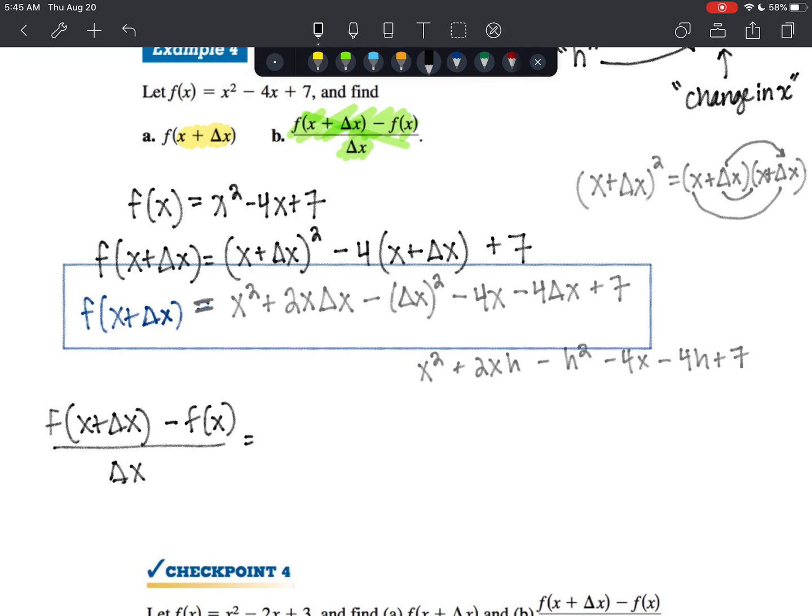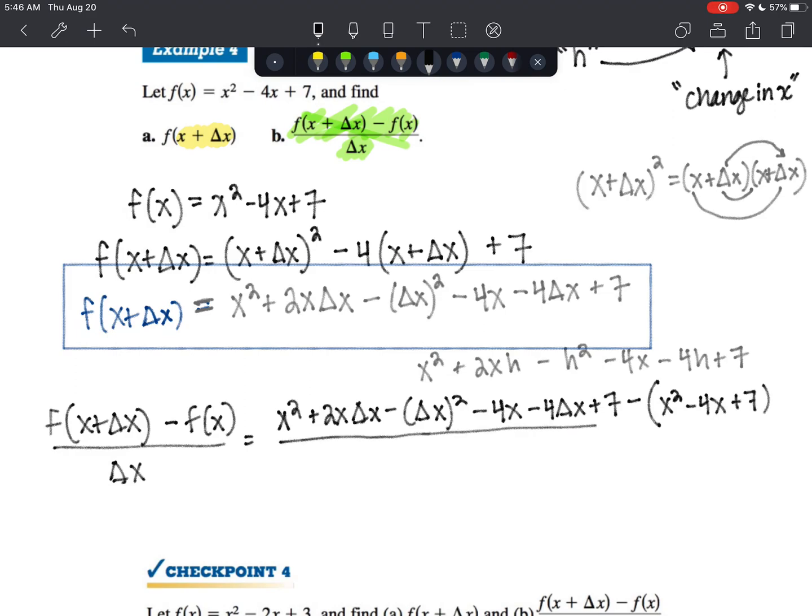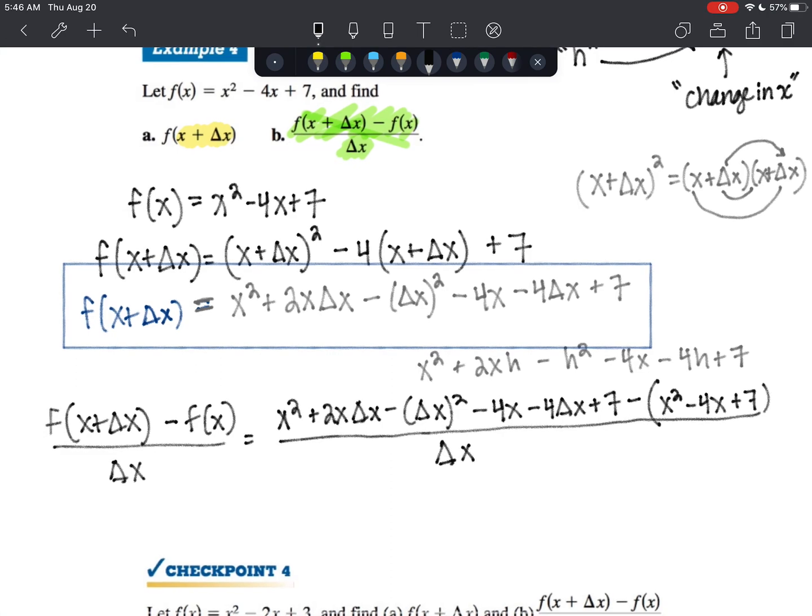Now f of x plus delta x, that's just what we boxed up above. So that's x squared plus 2x delta x minus delta x squared minus 4x minus 4 delta x plus 7. I'm going to subtract from that f of x, and f of x is x squared minus 4x plus 7. And I'm going to put all of that over delta x.